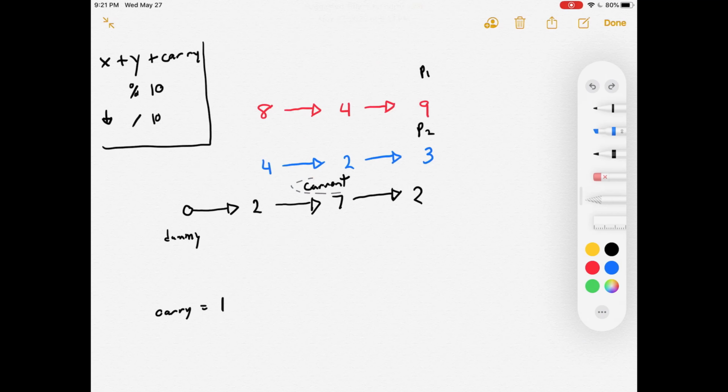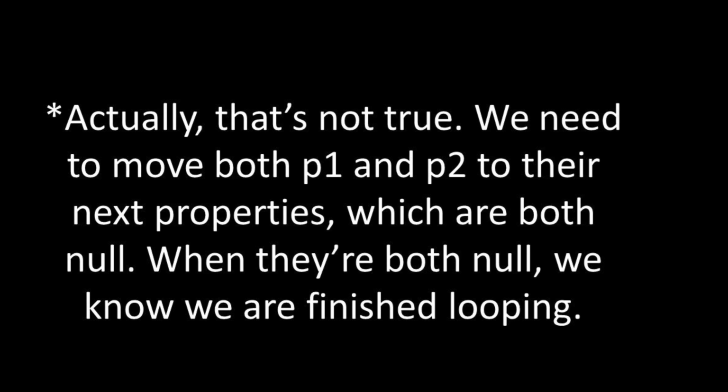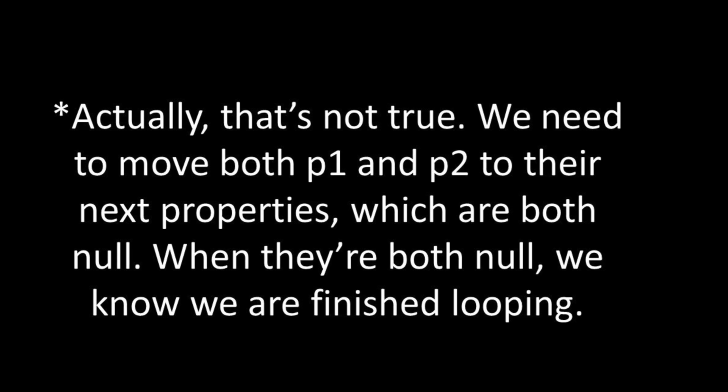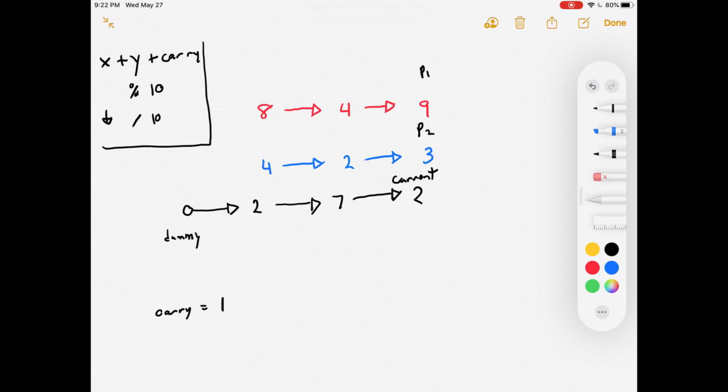Then we just reset our pointers. Except if you look, our top 2 pointers, so P1 and P2, have nowhere to go. So in this case, we'll just leave them where they are. Okay, so since neither of our top 2 pointers can go anywhere, our result linked list is almost done, except we still have a carry.